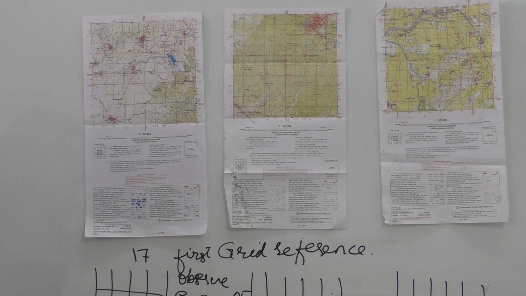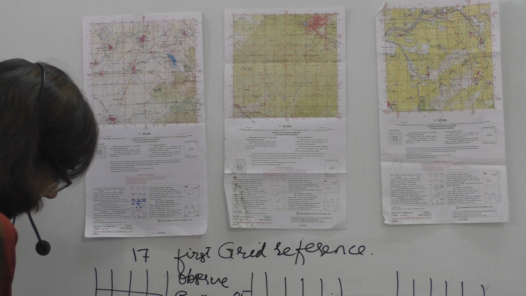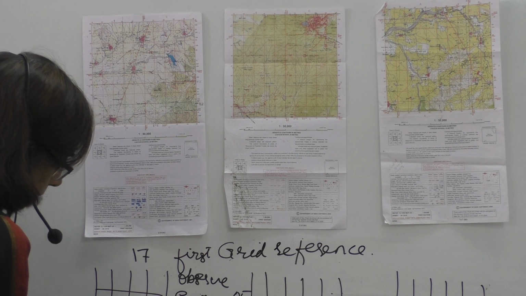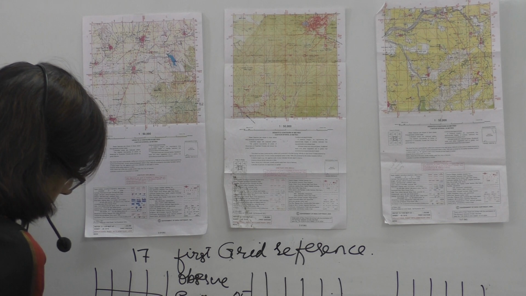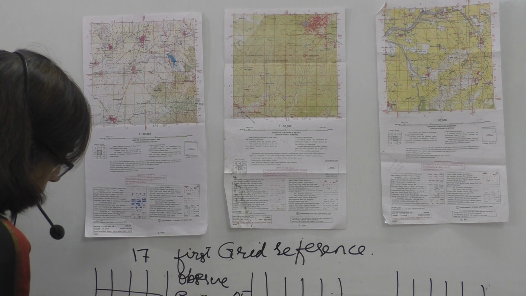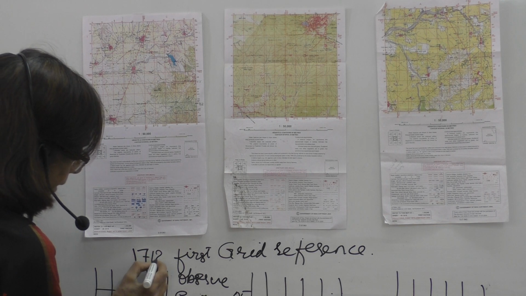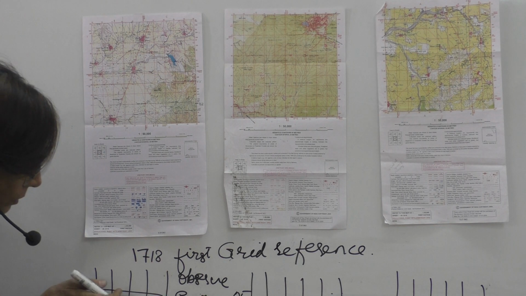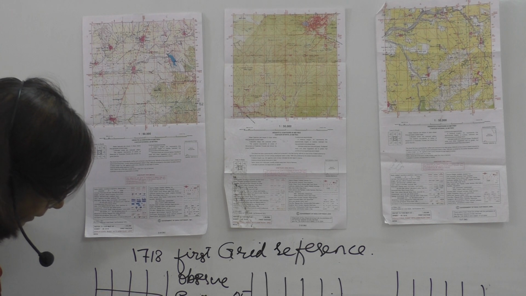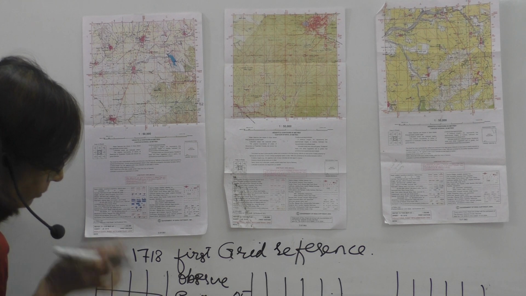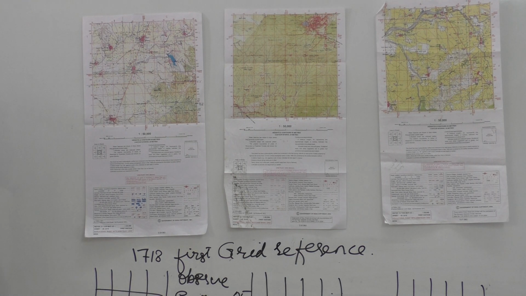This is your easting. We first write the easting, and the northing is 18. The value of the northing is 18, and above that is the lined well.